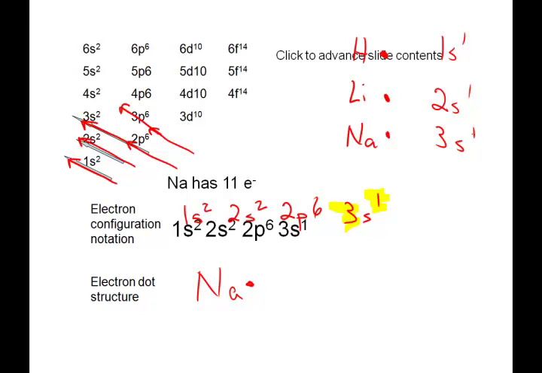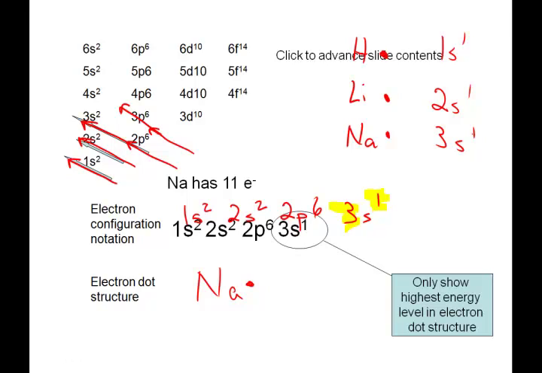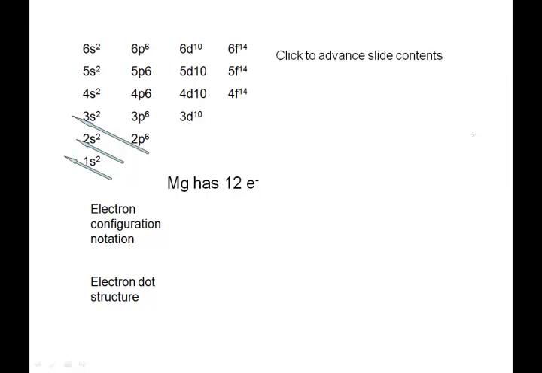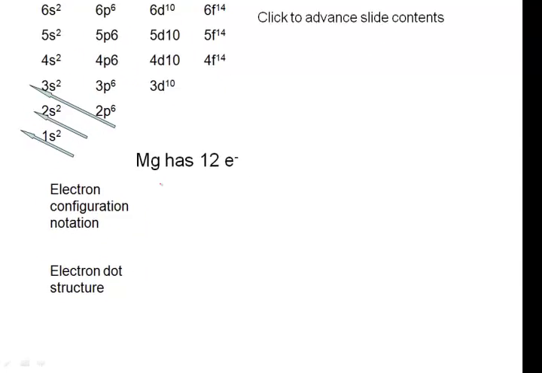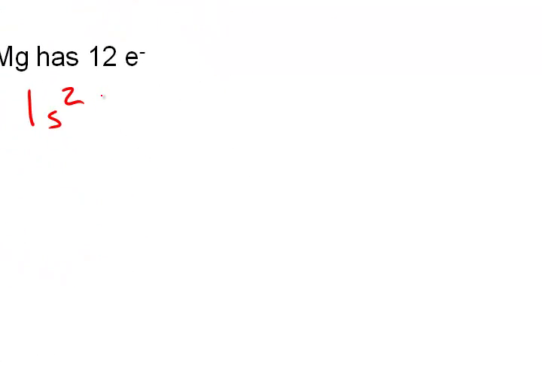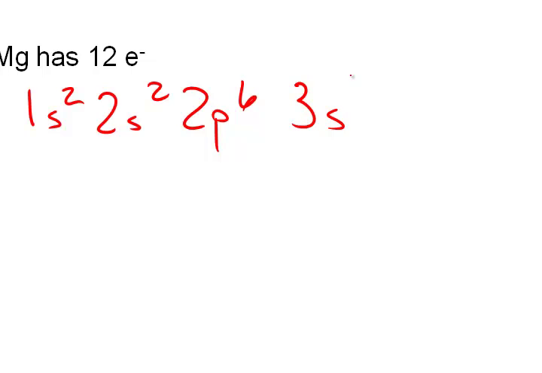After sodium, what is magnesium with 12 electrons? And we're just going to write 1s2, 2s2, 2p6, 3s2. Is that 12 electrons? Let's add them up here. 1, 2, 3, 4, and 6 is 10, 11, 12.